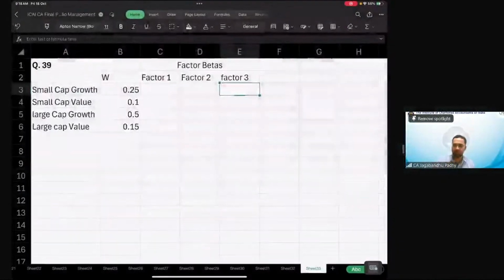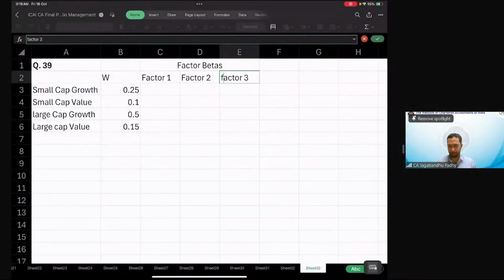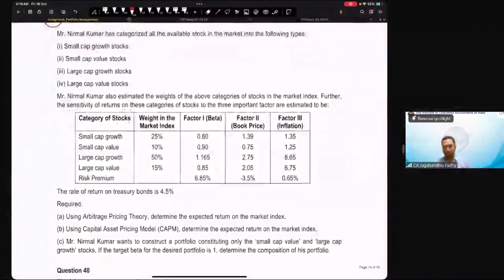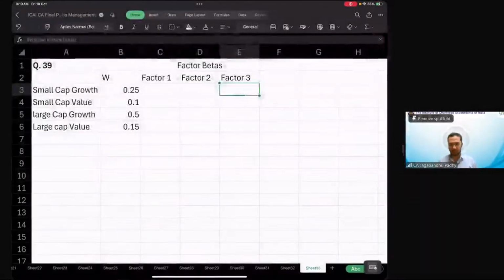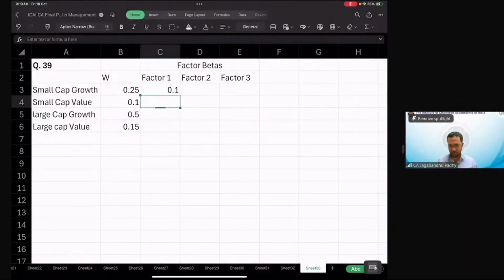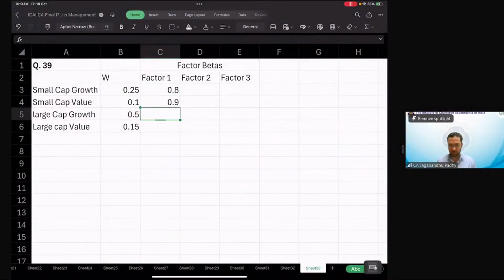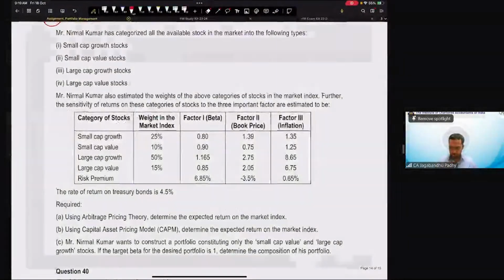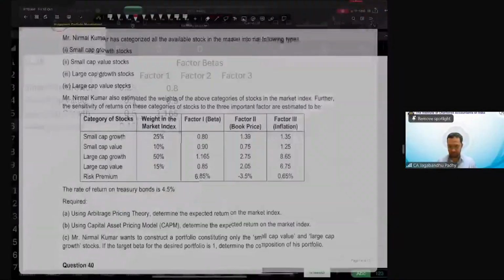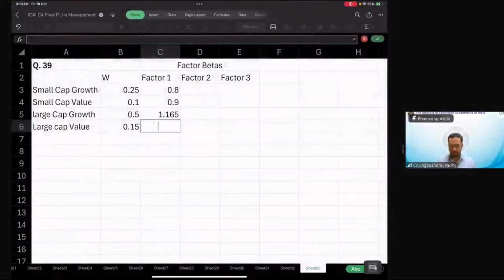Okay, so I've got the factor 1 betas as 0.1, 0.8, 0.9, 0.8, 0.9, 1.165, then 0.85.